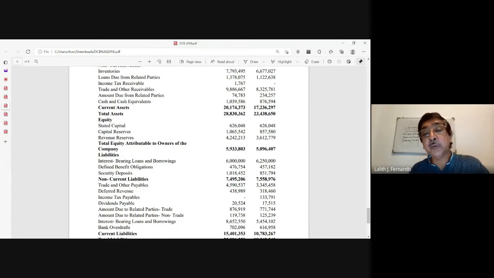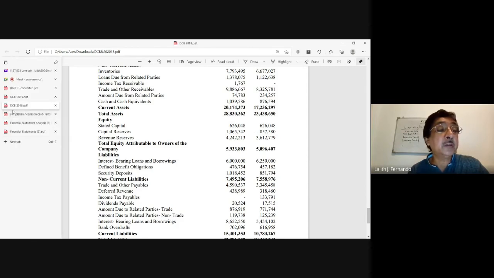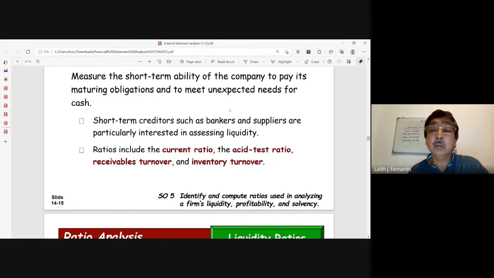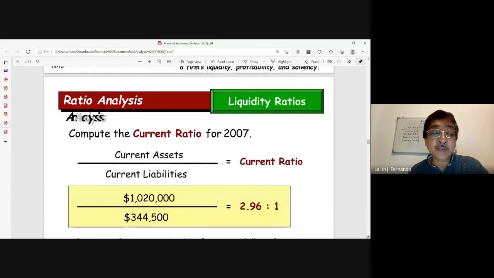Now this is a good exercise if you do it. Now just see. This is the one which we have already calculated, current assets divided by current liabilities.